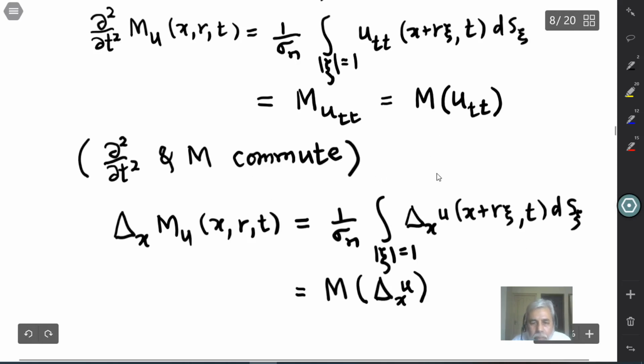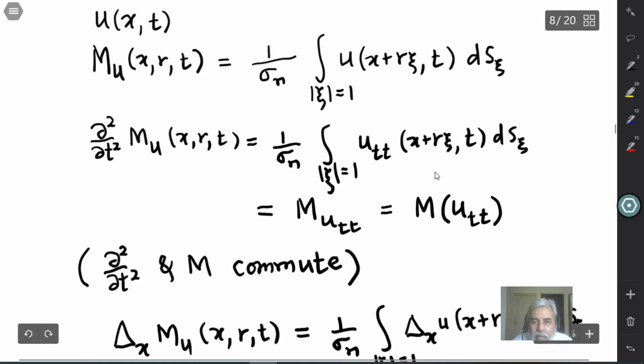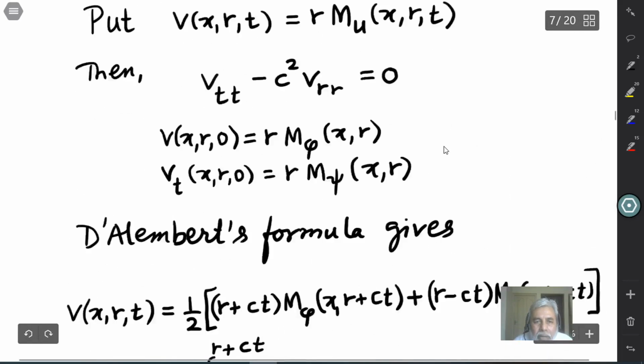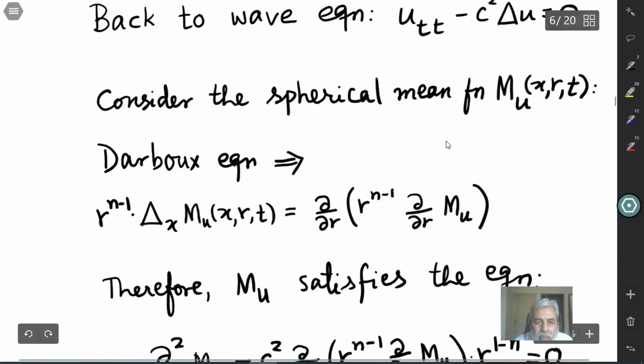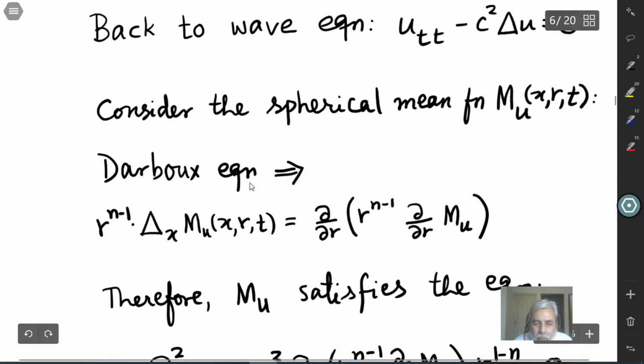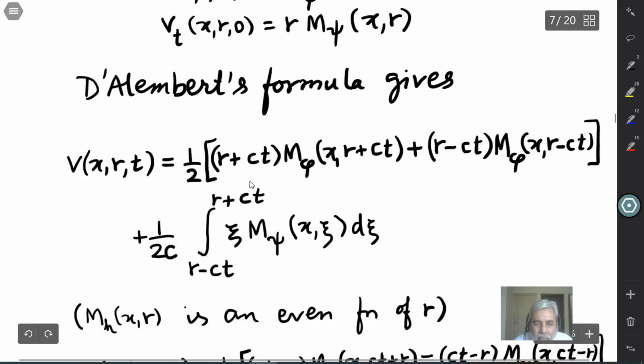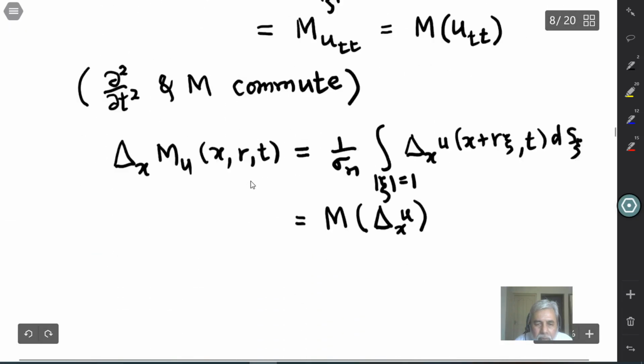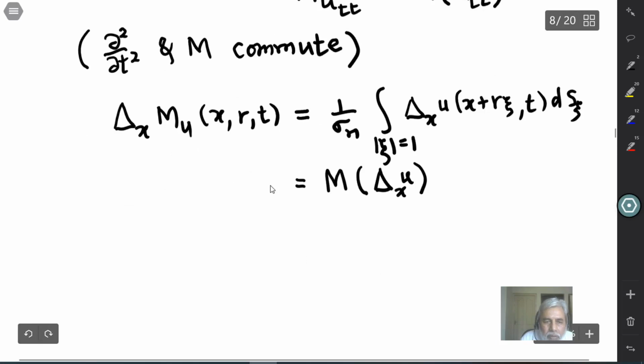So the importance of the Darboux equation now comes into play. The Darboux equation relates the Laplacian of the spherical mean function with respect to x with this operator. Now you apply the Darboux equation.